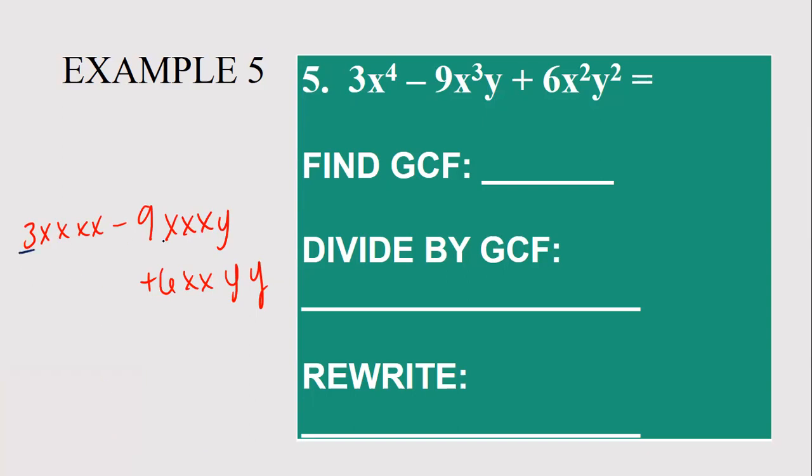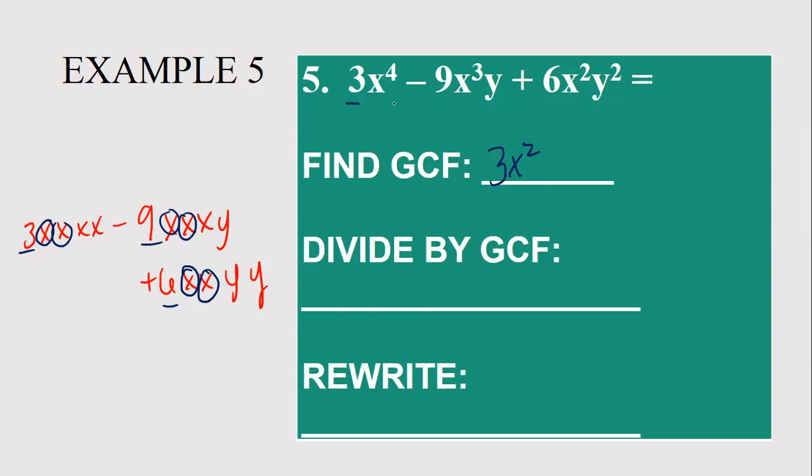Well, 3 divides into all 3 of these. Agreed? And then I have an x, an x, an x. Do I have any more x's in common? So how many x's did we have? 2, x squared. This one doesn't have a y, and does this one have a y? No. So my greatest common factor is 3x squared.